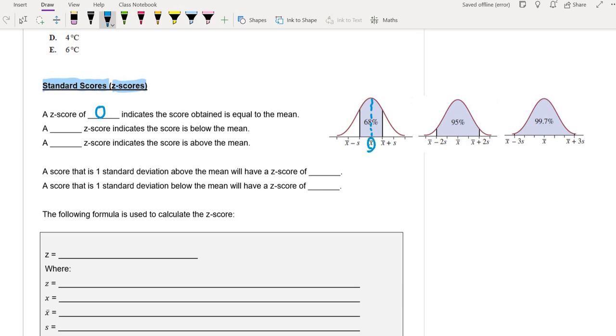It's going to be right at the mean. And if we have a negative Z-score, it's going to be below the mean. So it's going to be somewhere below here in this region somewhere. And obviously if it's positive for our Z-score, it's going to be above the mean, somewhere here.